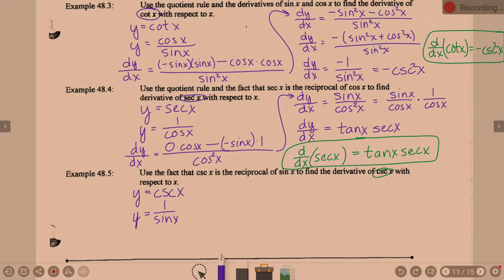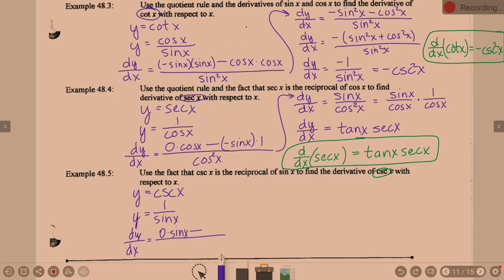And then it doesn't tell us, but you know what we're going to do next, right? We're going to use the quotient rule. Derivative of y is dy dx. Derivative of 1 over sine x. Derivative of the numerator. So derivative of 1 is 0 times the denominator, so times sine x, minus derivative of the denominator.